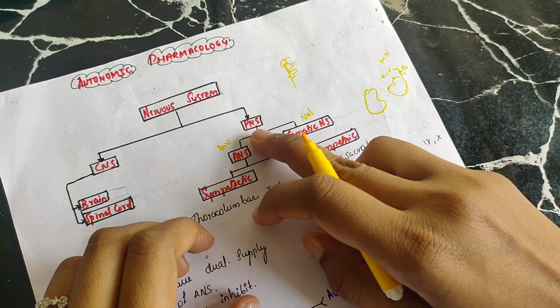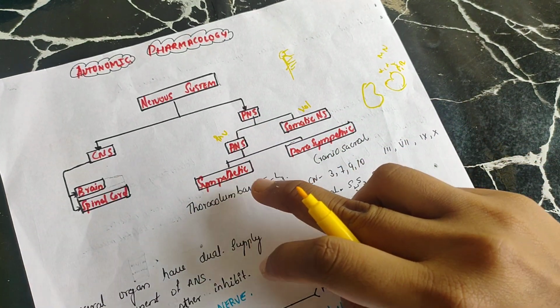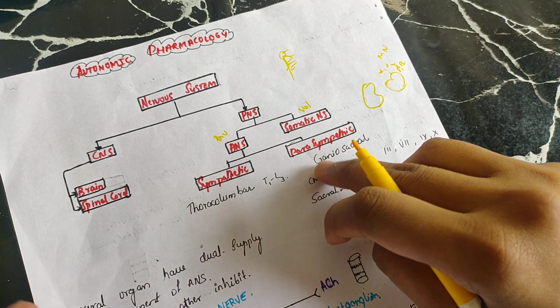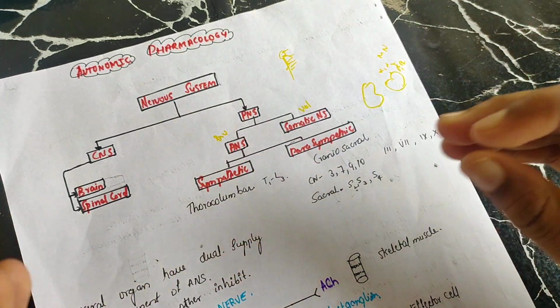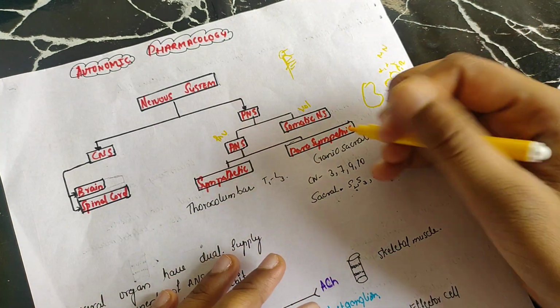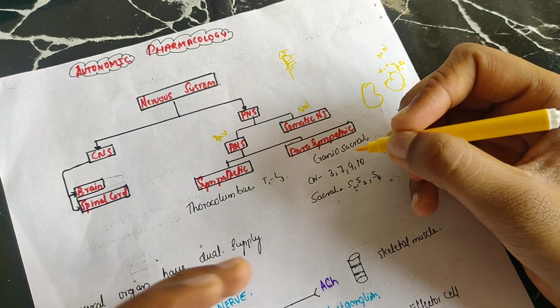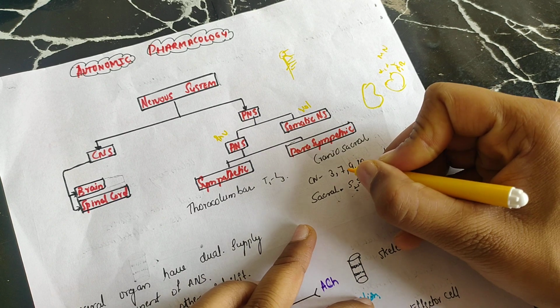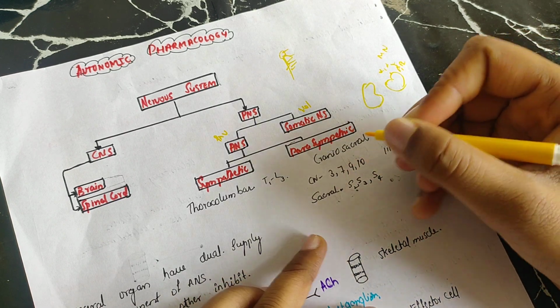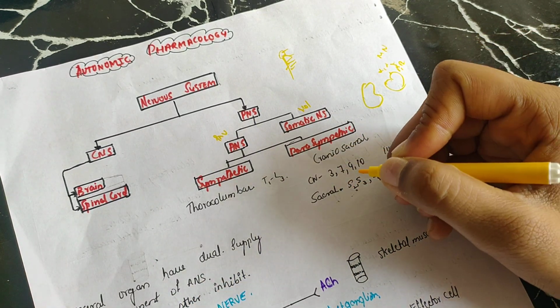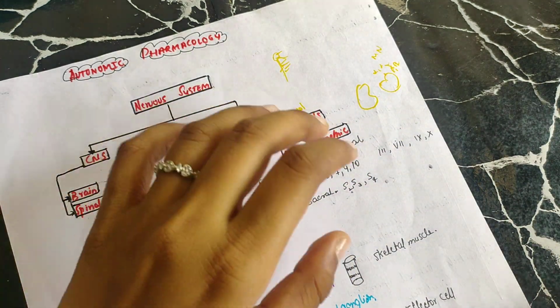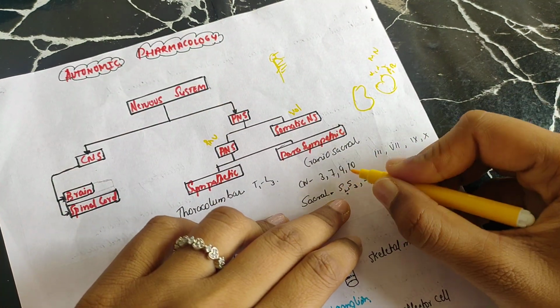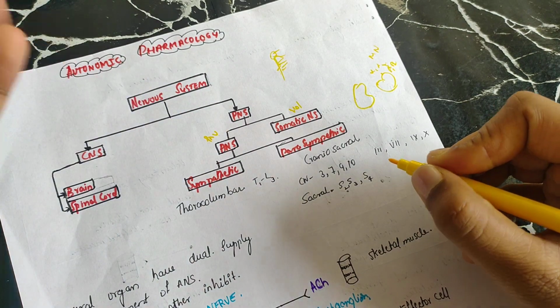Now we'll see the ANS. The ANS further has sympathetic and parasympathetic. Parasympathetic is craniosacral outflow, because the nerves come from the cranium, that is the brain, through cranial nerves 3, 7, 9 and 10. Cranial nerve 3 is the oculomotor nerve, 7 is the facial nerve, 9 is the glossopharyngeal nerve, and 10 is the vagus nerve.